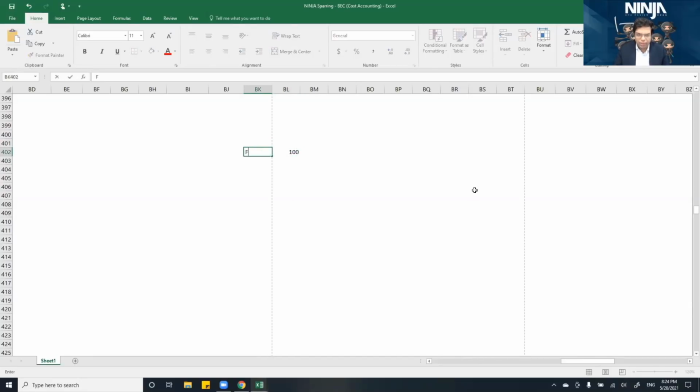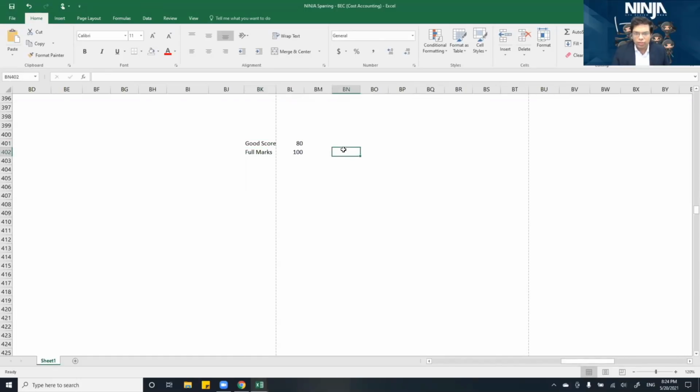That was the full marks, 100. And a good score in this would be 80. That would be a good score. Now, when you came for the mock test, I increased the full marks to 500 and you scored 150.